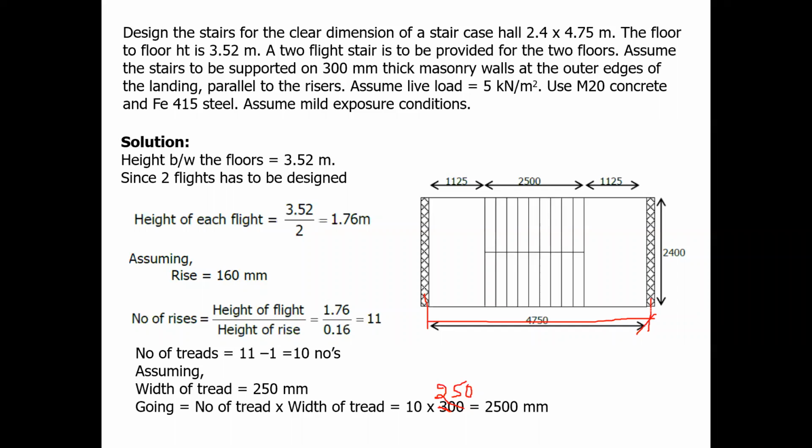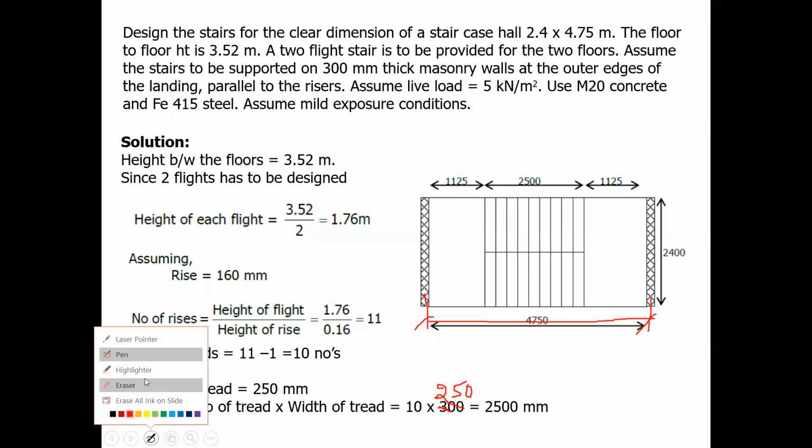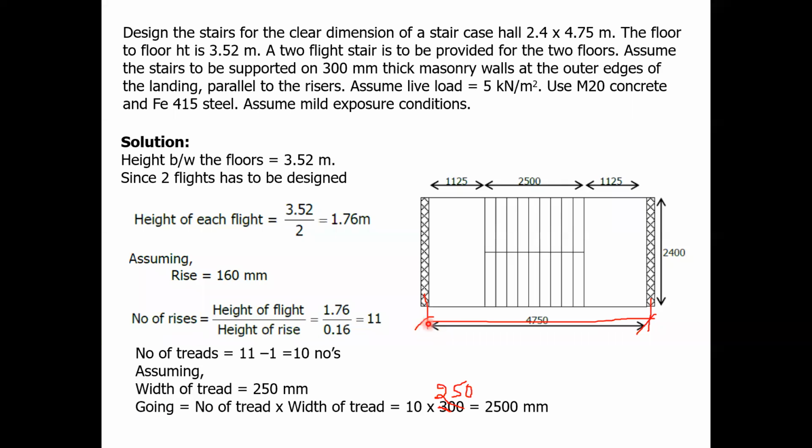Effective distance. So how are you going to calculate this distance? Wall thickness divided by 2 plus landing plus going plus landing plus wall thickness divided by 2.